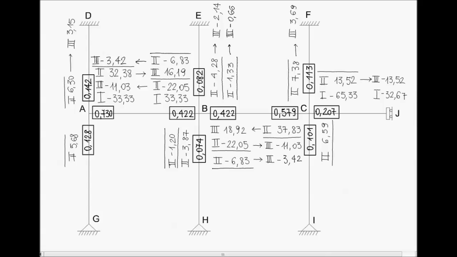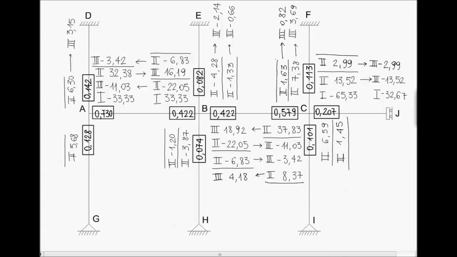And we move now to node C, in which we have to sum up the contributions equal to minus 11.03 and minus 3.42, and then distribute the sum according to the distribution factors, obtaining these values for the second bending moments. Then we have to calculate the third bending moments, which are these ones. And now node C is balanced. We now consider the unbalanced bending moment in node A equal to minus 3.42.